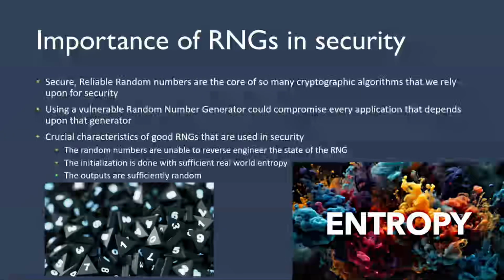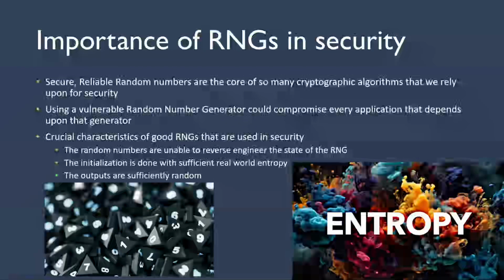Just as a final wrap up, going over the main crucial characteristics that good random number generators that you use in security have, is that the numbers generated from these random number generators are not easily reverse engineerable. So when you request one, you can't easily figure out exactly what's going on and then follow that line, look at anybody else who's using it, and know exactly what's going to be produced, because they are deterministic in some sense.